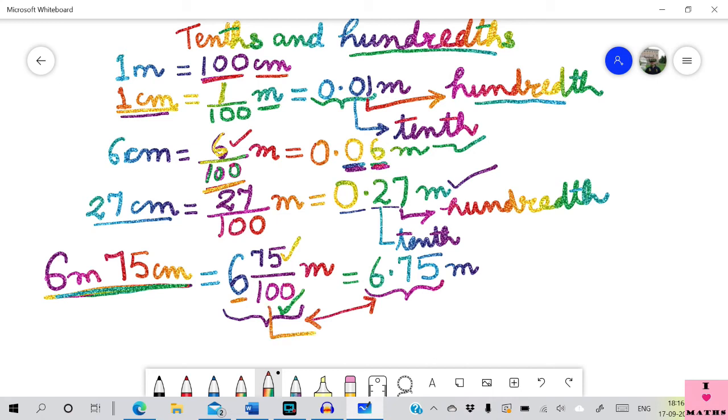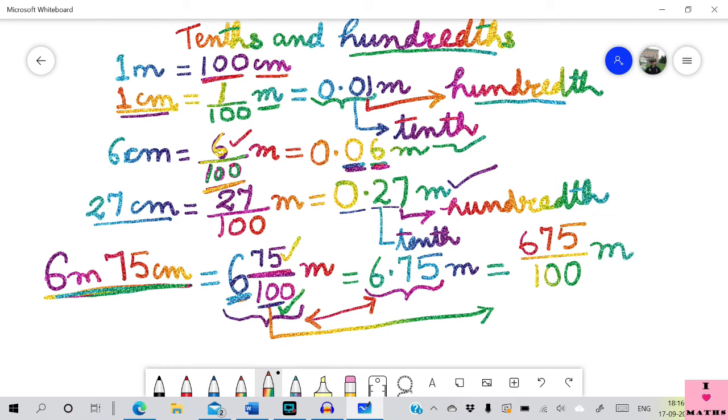Now we can change this mixed fraction into improper fraction also. Now 6 multiplied by 100 is 600 plus 75 is 675 upon 100, and meter will be there. Here also it is meter, here also it is meter, and here also it is meter.